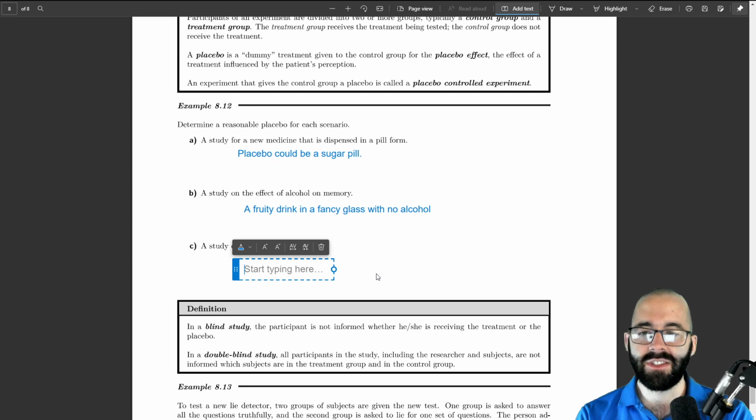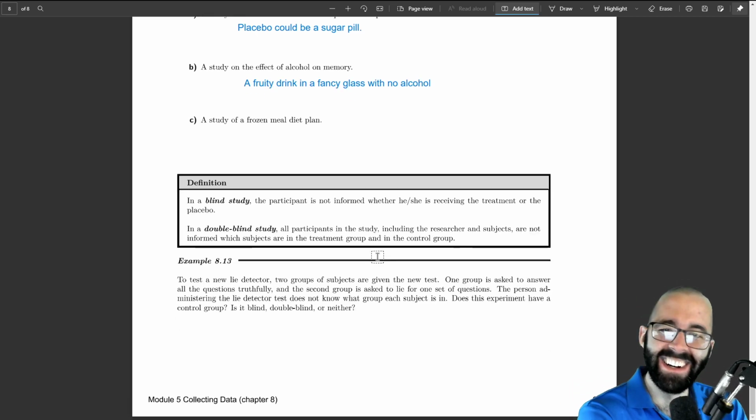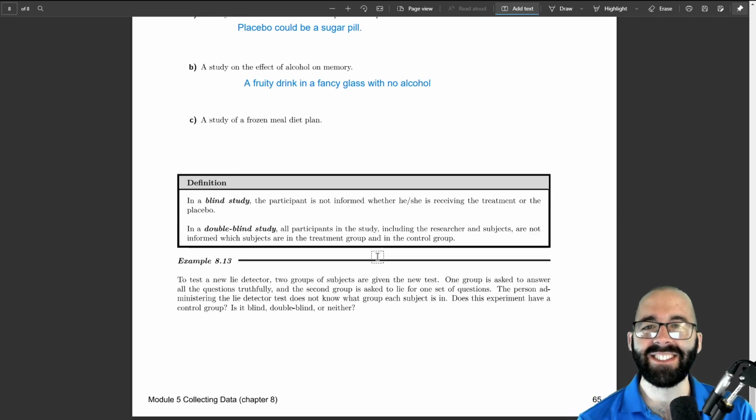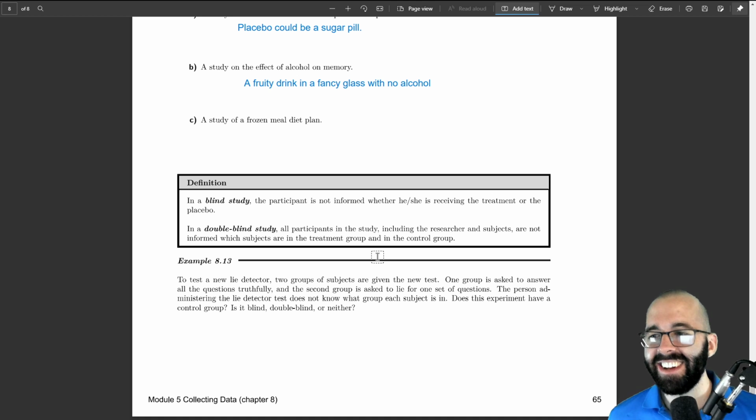So if they don't know what you're giving them, frozen food would be the treatment. We're gonna skip that one. These ones are weird, but maybe you have a good idea and you say, Jason, you should use this idea. Let me know.